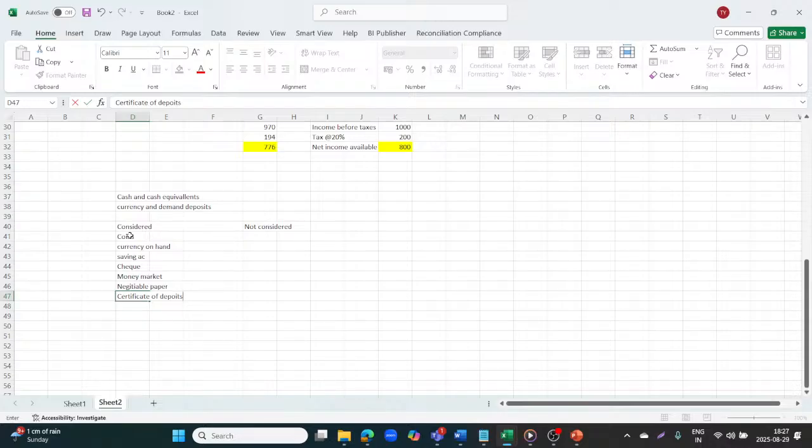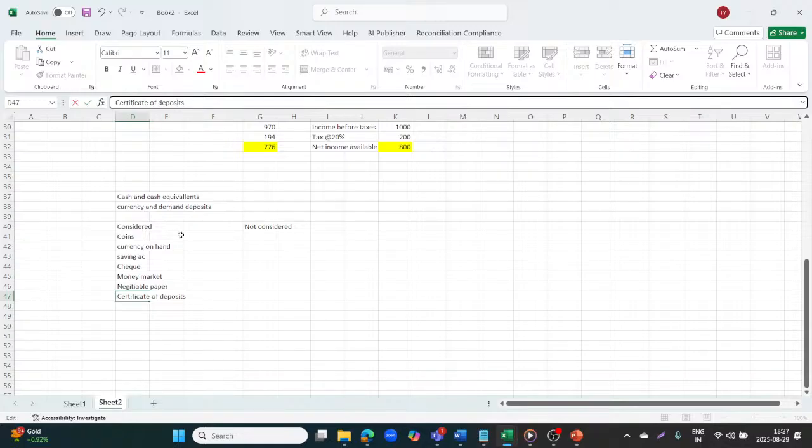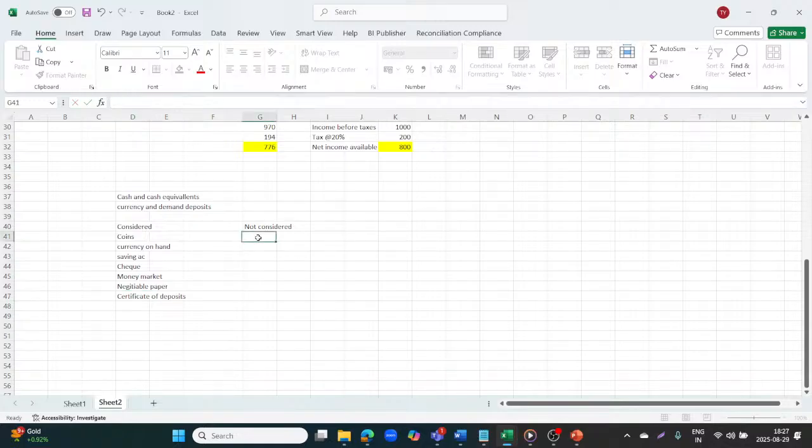These are all examples of cash and cash equivalents which are considered.